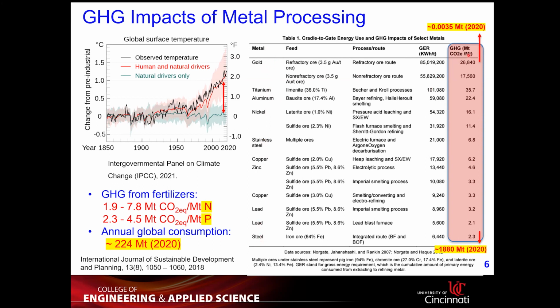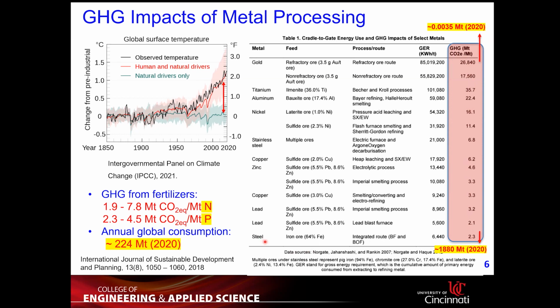The last column shows the greenhouse gas emission, in million metric tons of carbon dioxide equivalent per million tons of metal produced. For gold, we expect about 27,000 million tons of carbon dioxide to be produced when we prepare 1 million tons of gold, which is a very high number. It decreases as we move to the bottom of the table.